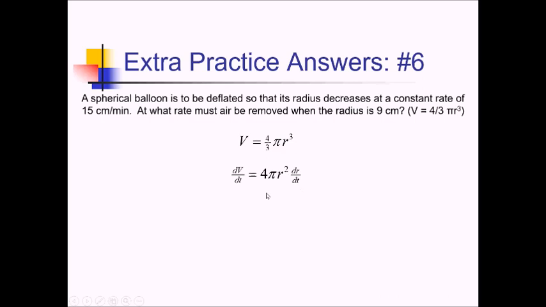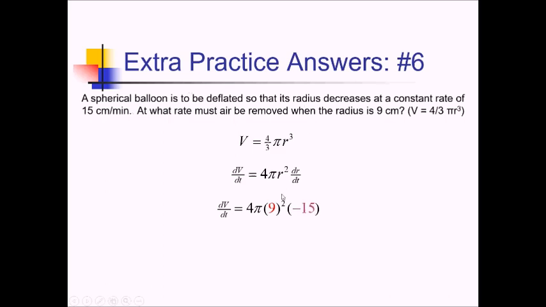Now we have to find which quantity. We want to know how fast air has to be removed, so that's talking about a change in the volume. We're solving for dV over dt. That means we better have the radius at this specific point in time and also the rate of change of the radius. For the radius, they gave us that. That was 9. And for dr over dt, this is the rate at which the radius is changing. Since the radius is decreasing at a rate of 15 centimeters per minute, we're going to call this negative 15.